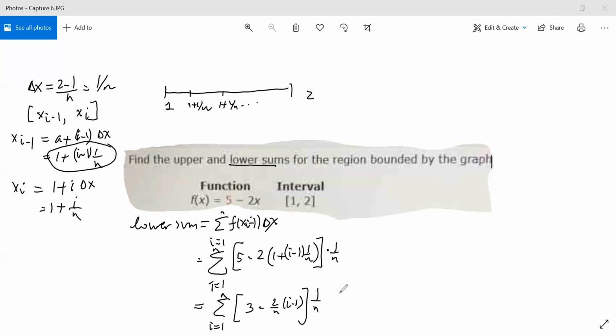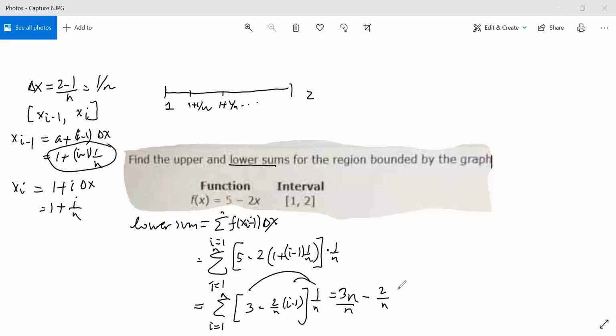And then you can move 1 over n to here. If you keep simplifying this, you should get something like this. So 3 times n, because you're going to distribute this one as well. So this will be 3n over n minus 2 over n squared.